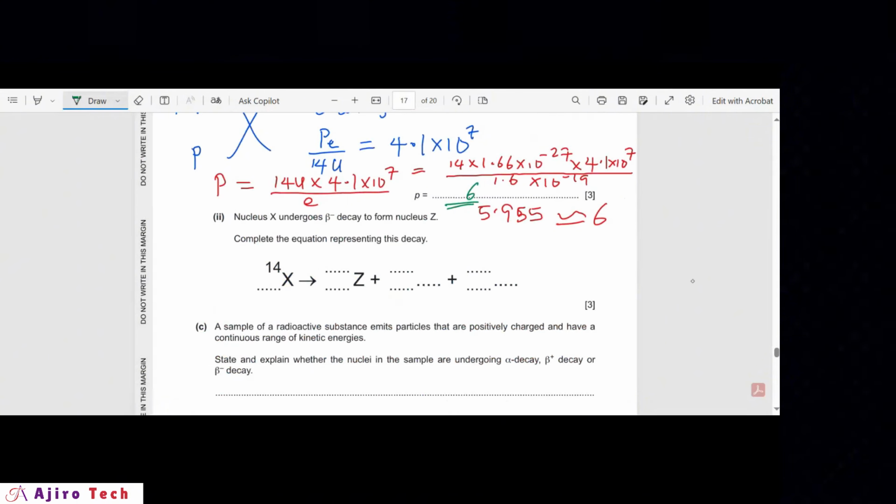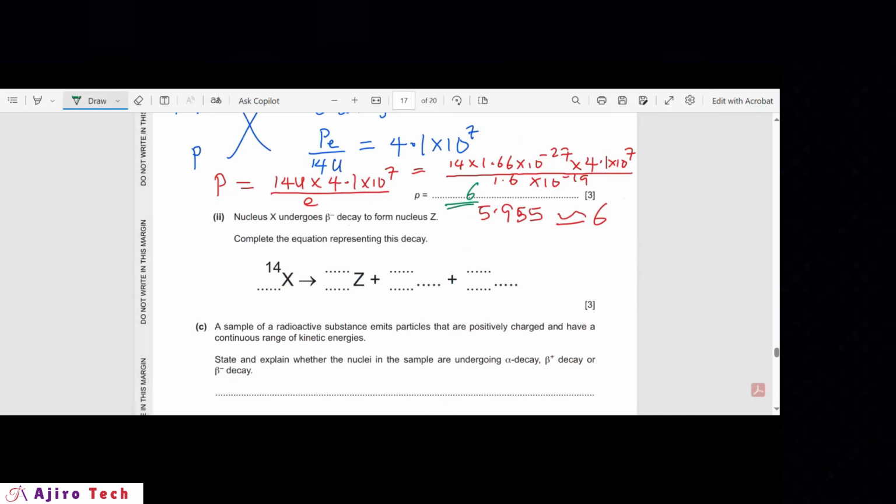So to balance it, the question said beta minus. Don't forget, when you produce beta minus, it forms an electron and an antineutrino. If we are producing beta plus, it forms a particle called an electron neutrino.